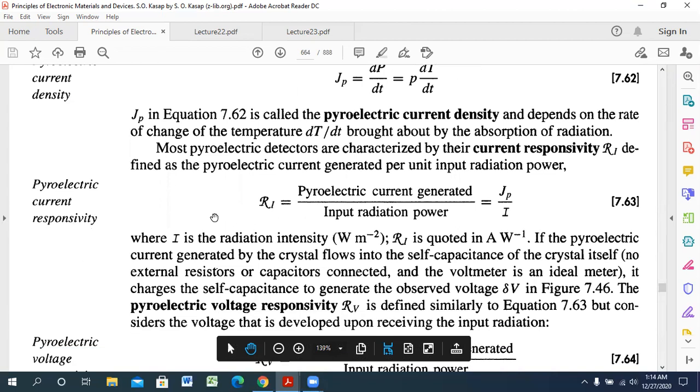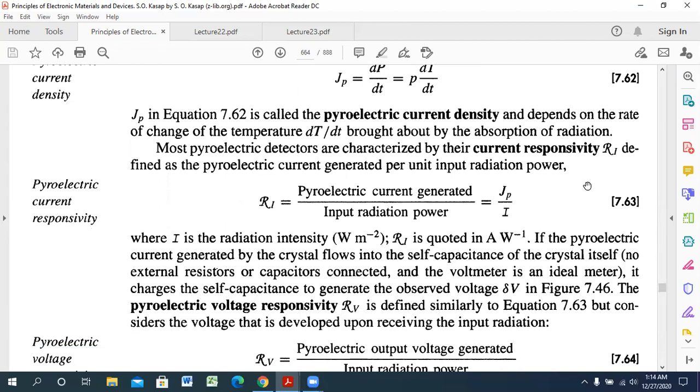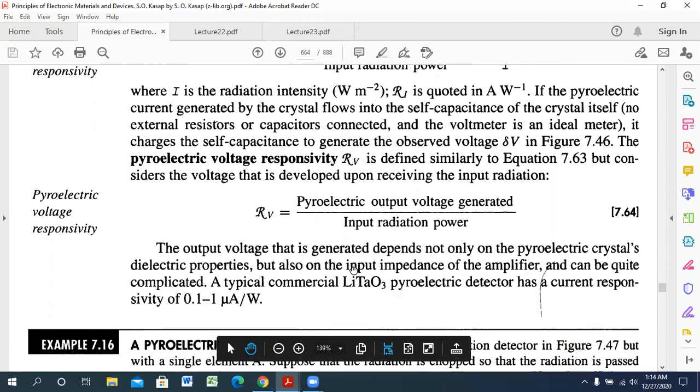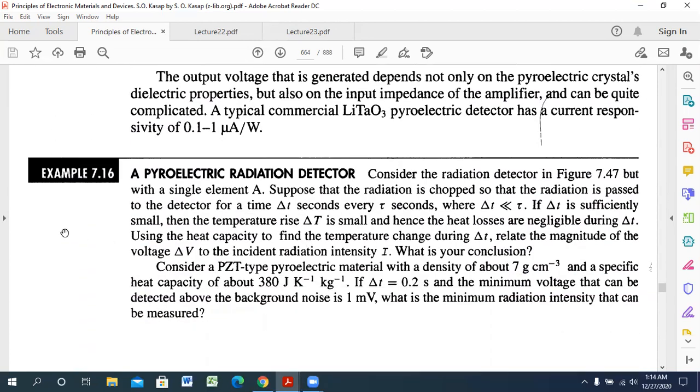There is a term, the current responsivity, that means the response of the current, denoted by the symbol Ri. That is the photoelectric current divided by the input radiation power. And next one is the pyroelectric voltage responsivity, denoted by RV, and these sorts of things.